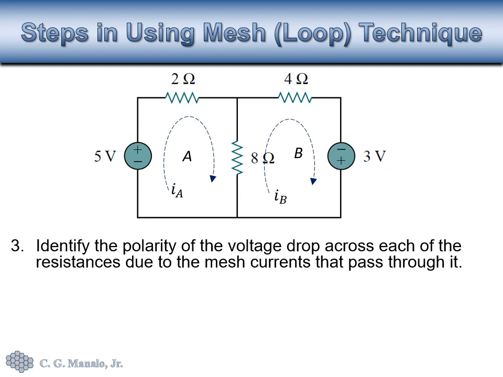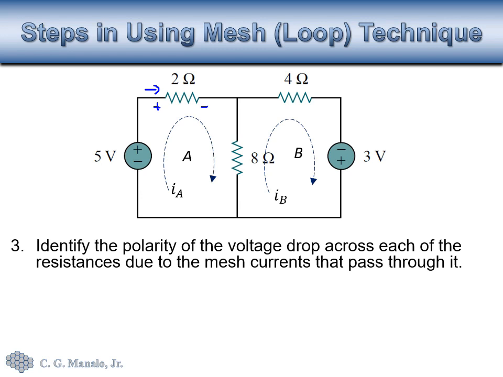The third step is to identify the polarity of the voltage drop across each of the resistances due to the loop currents that pass through those elements. For the 2 ohms, for example, the loop current IA is moving in this direction, so the positive should be on the left side and the negative on the right side.